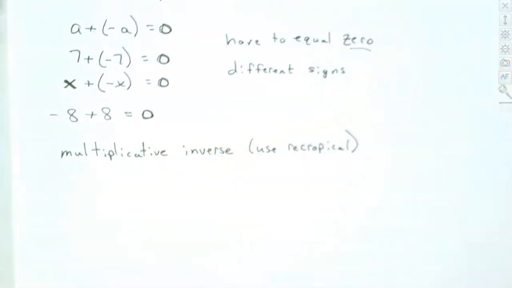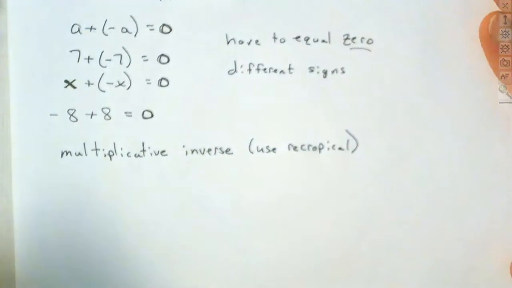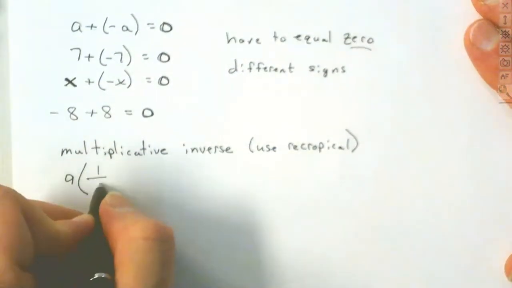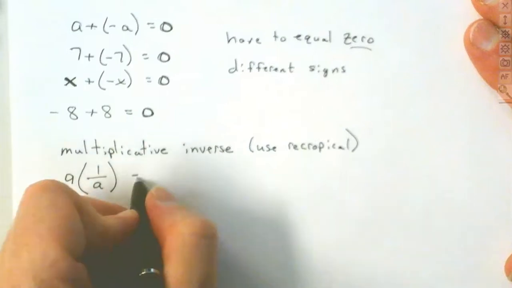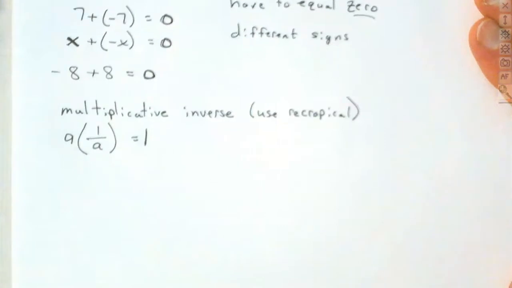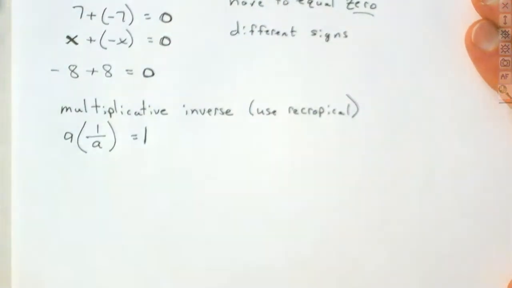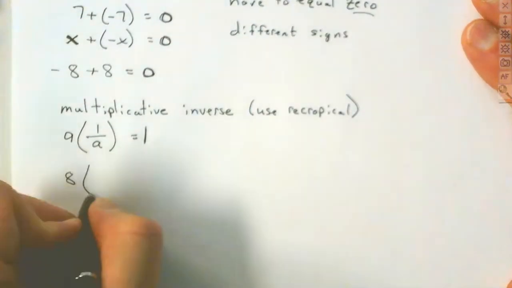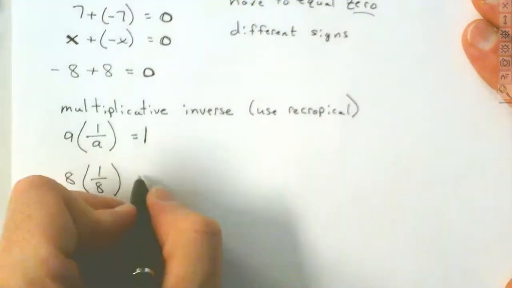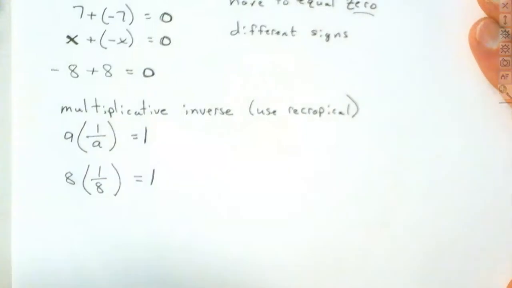That means you flip the fraction over. So for a multiplicative inverse, you have a, and the multiplicative inverse would be 1 over a, and that equals 1. Here's some more examples of the multiplicative inverse. 8. What's the multiplicative inverse of 8? 1/8, because they go together and they make it what? 1.